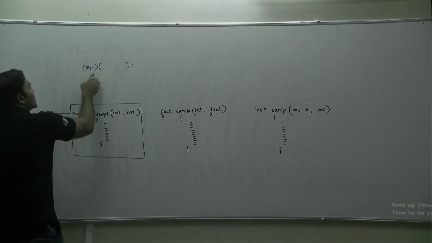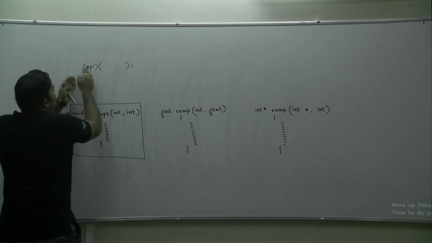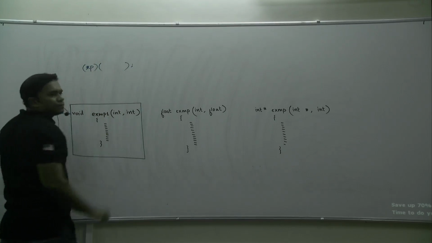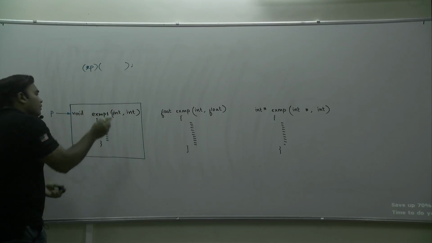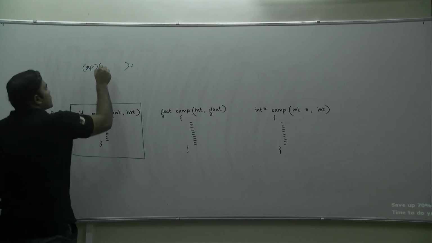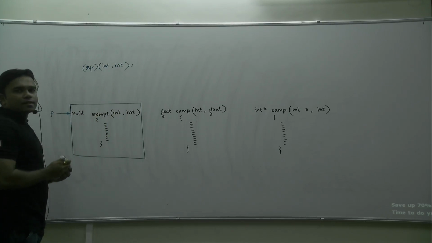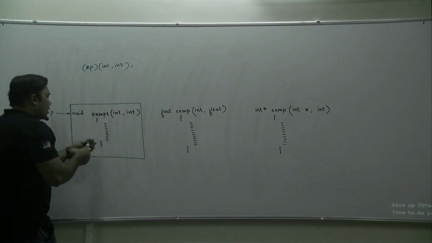So p is a pointer, because of the Bodmas rule, p is a pointer, that is over. Next, go ahead. So p is a pointer to a function. Which type of function? That type of function which accepts 2 integers. That is what I am telling here. It is a function which accepts 2 integers. And what does it return? It returns void. Void means nothing.